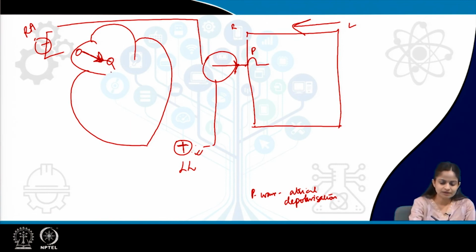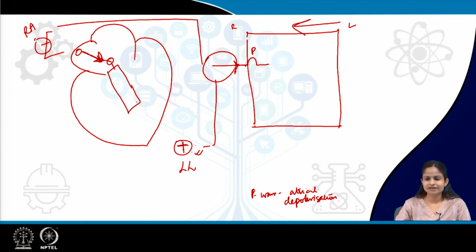The septal depolarization occurs from left to right. Here we have the positive electrode, but the depolarization is occurring from left to right, that means the wave of depolarization is moving away from the positive electrode.